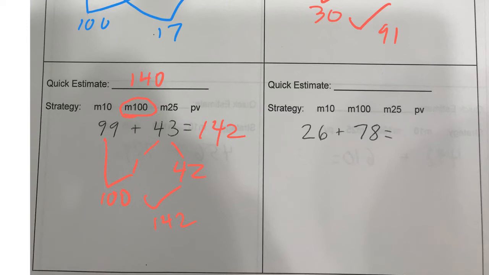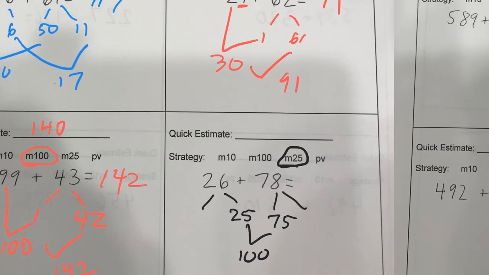And then this one, the way I'm seeing it, these are both close to multiples of 25. So if I broke that one into 25 and something, and this one into 75 and something, then I'll be able to get 100, and whatever's left is left. And let's see, I'm not going to do all of these.